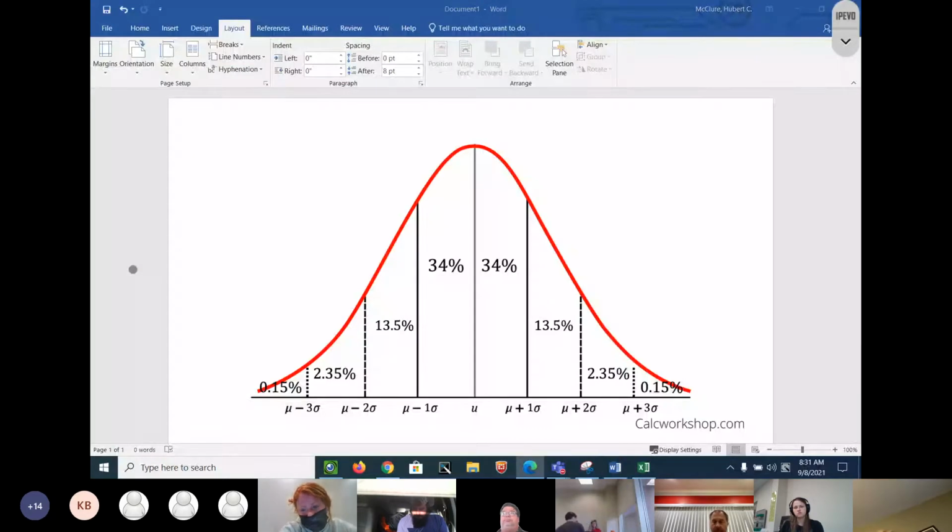So let me get rid of this. Why'd that come up? I don't know. And I'm going to send it to you. I'm finding it. Hold on. Normal curve empirical rule. And it's loading. I need somebody to give me a thumbs up when you see it, and I'm sending it right now. It's either going to be on the file page or your chat.